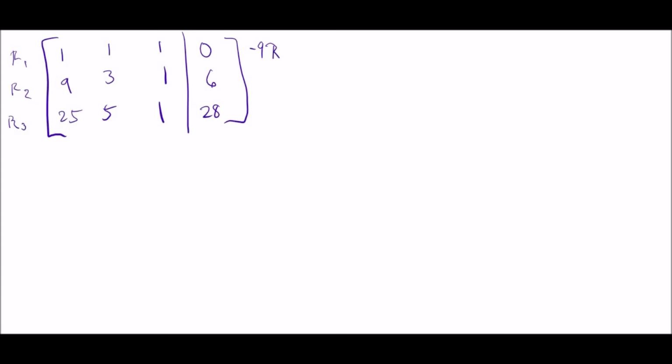I'm just going to think of each one as being multiplied by -9 and add it to what's in row 2. So everything in row 1 is multiplied by -9, and then I'm adding that to row 2, and then I'm going to substitute what's in row 2 with those numbers.